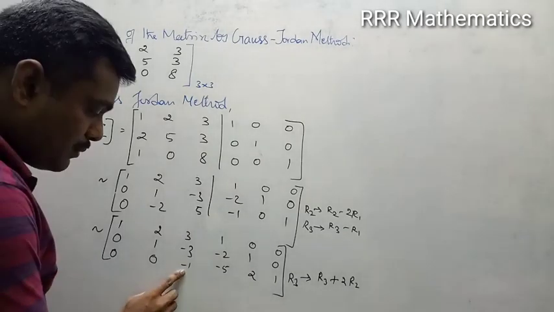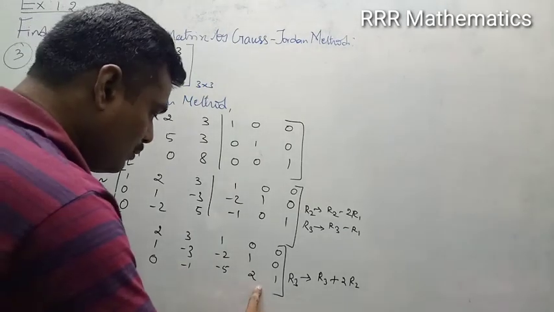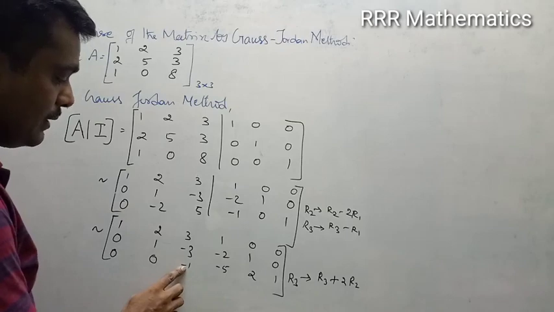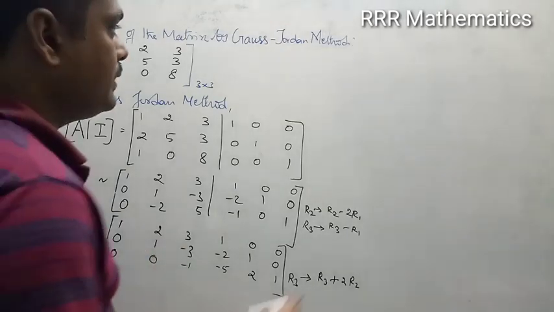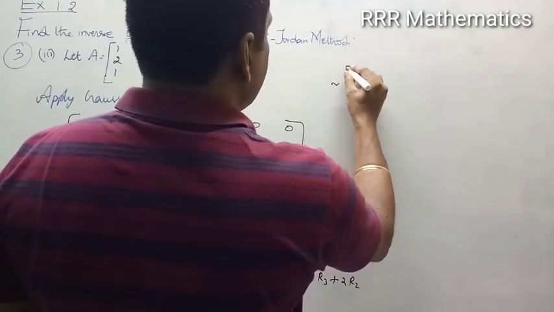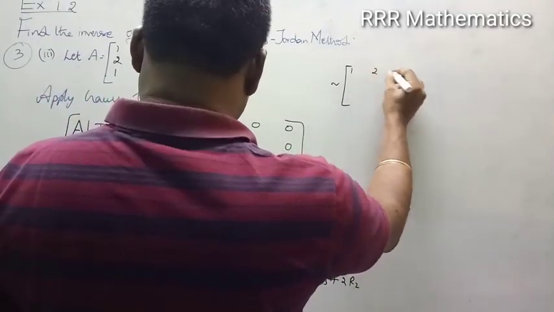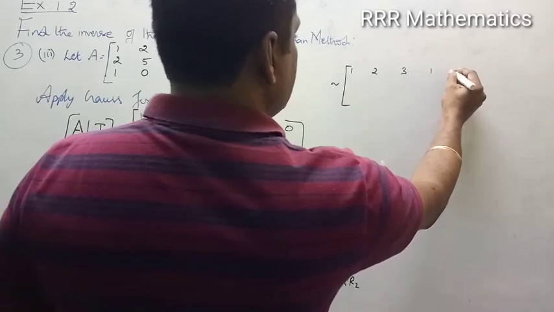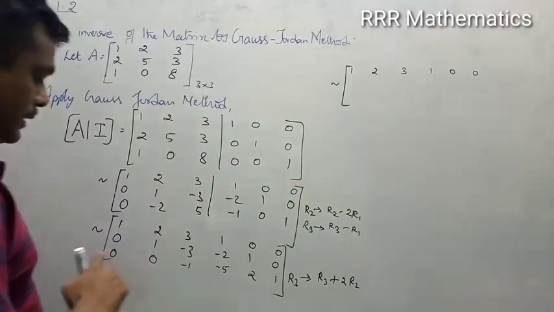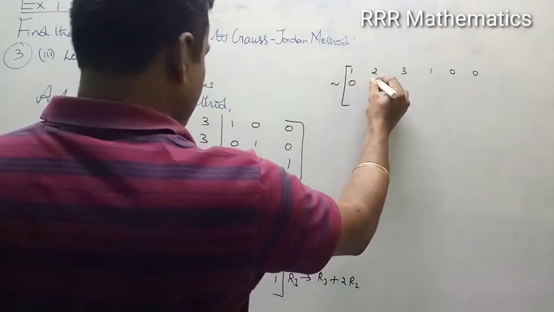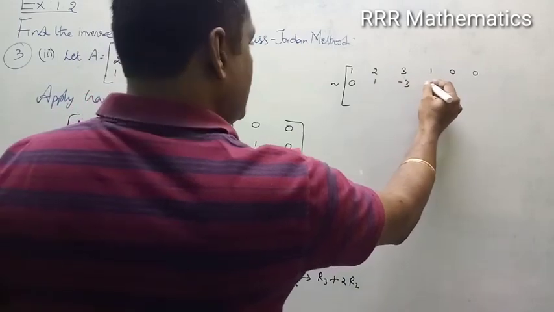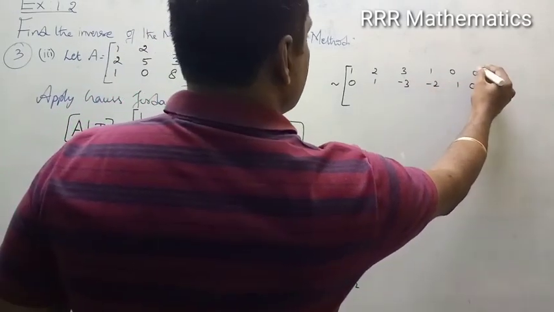Now I need plus 1 here. Just multiply this row by minus 1, and you will get plus 1. So no problem. Leave the first two rows: 1, 2, 3, 1, 0, 0, and the second row 0, 1, minus 3, minus 2, 1, 0.